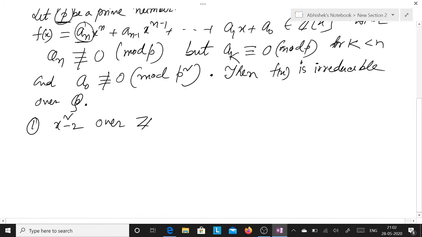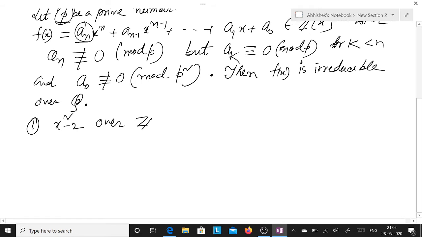Now the same problem can be tackled with the help of Eisenstein criteria. But how? The first crucial part of this test is to choose the prime. You need to choose a suitable prime so that it will work for this polynomial.